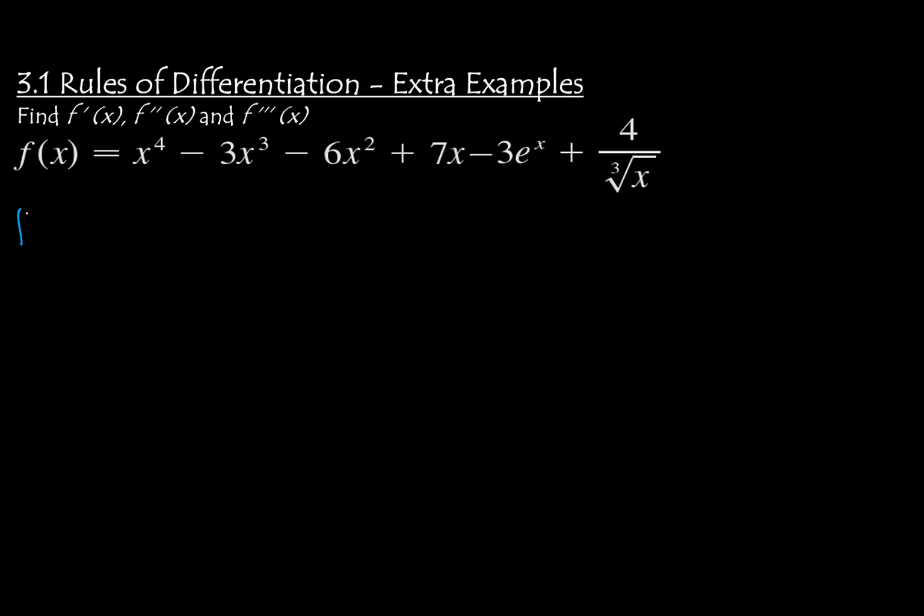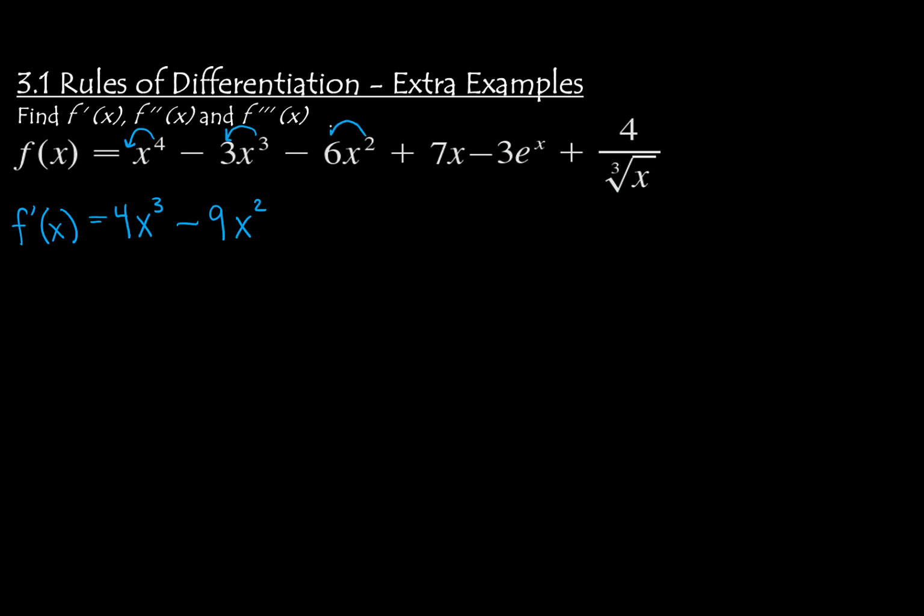All right, okay, so for f prime of x, I'm going to take this 4 and bring it down. So 4x, I'm going to reduce the power by 1, so I'm going to get 4x cubed. For the next one, I'm going to have the 3 come down, so I'm going to have negative 9x, and then I'm going to reduce the power by 1, so I'm going to have negative 9x squared.